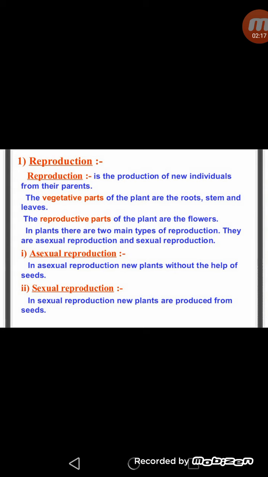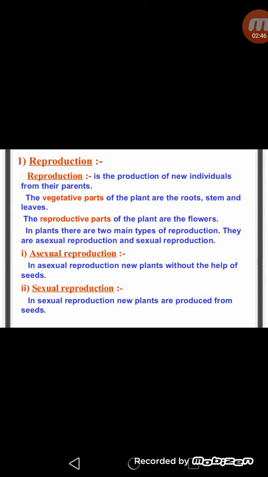In asexual reproduction, this occurs without the formation of any seed, or we can say generally in asexual reproduction only one parent or only one plant is involved, whereas in case of sexual reproduction, it occurs with the help of seeds where there is the involvement of two parents. Generally in asexual reproduction we say only one parent is involved, whereas in sexual reproduction two parents are involved.